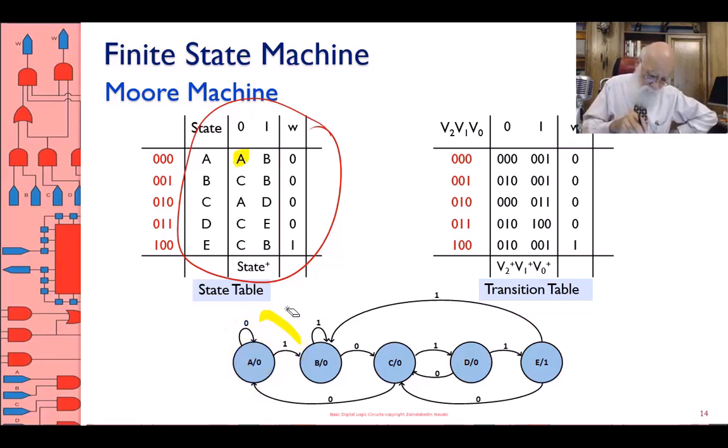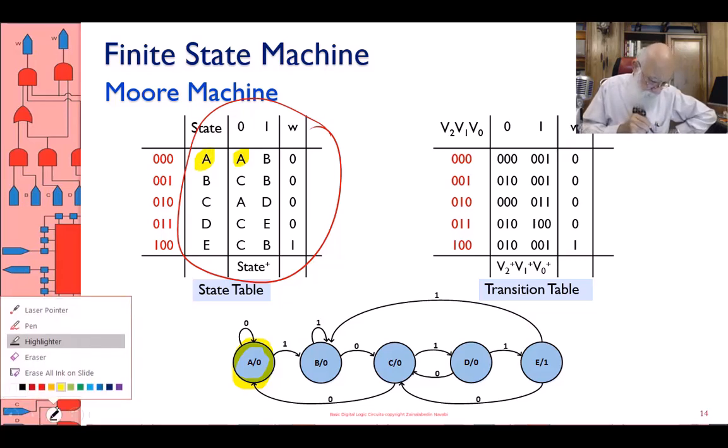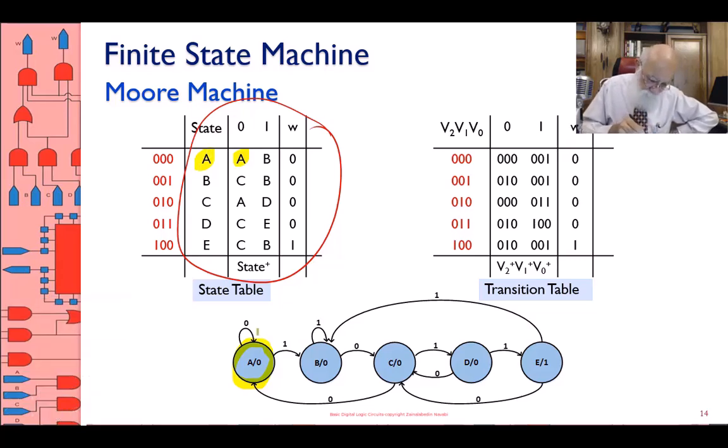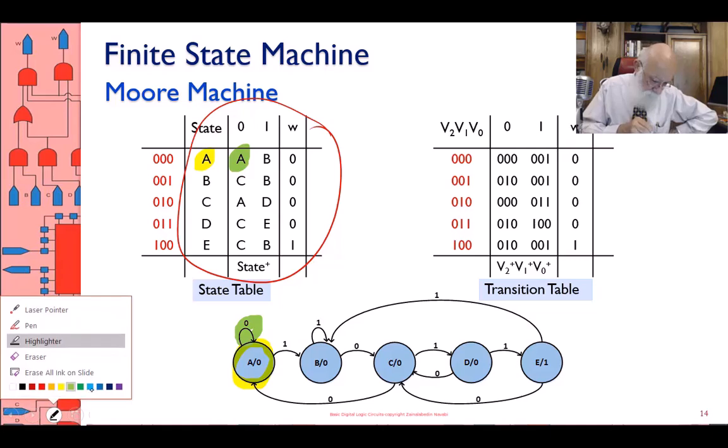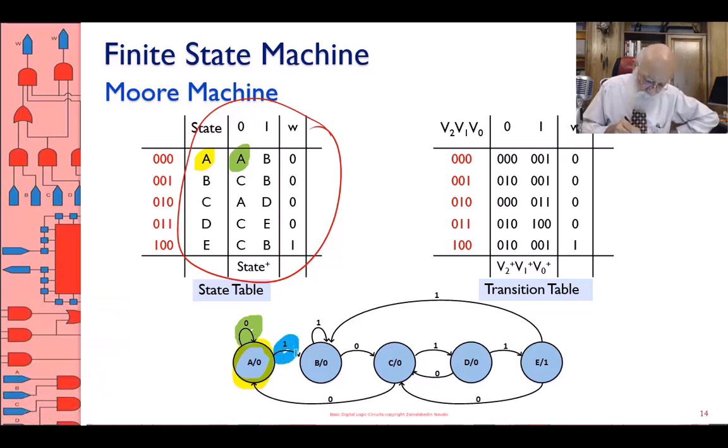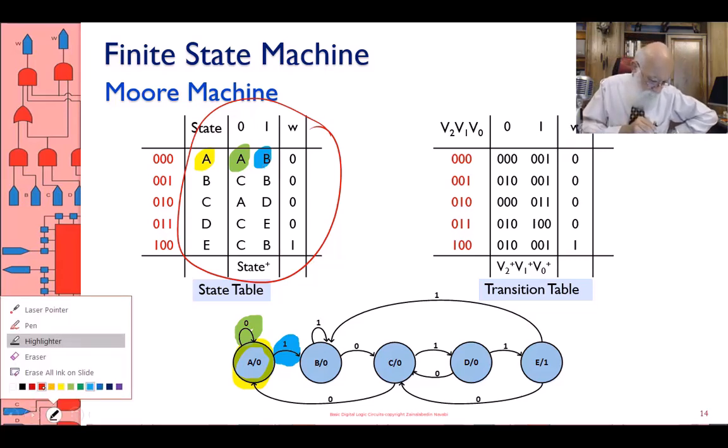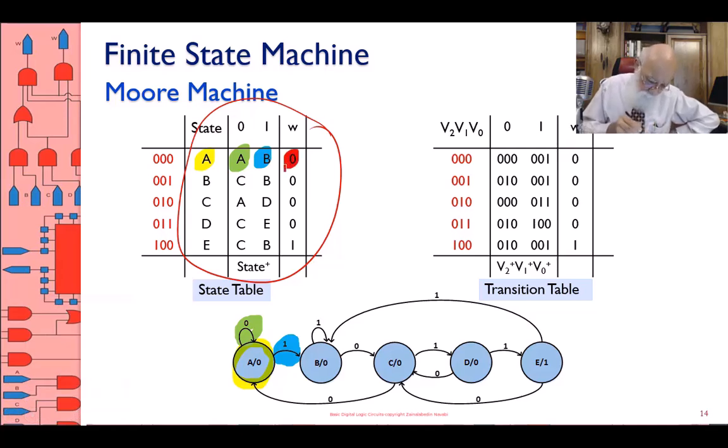When you are in state A, a 0 takes you back to state A, and a 1 takes you to state B. And in there, your output is 0. So that's all there is to it.